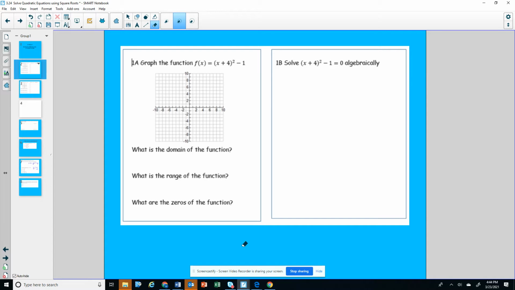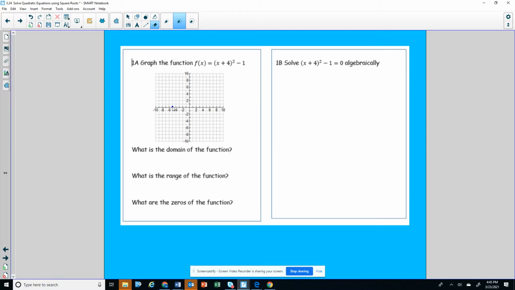So here we go. So we just graphed this, right? And you saw what the graph looks like. The domain is all real numbers. Okay. And if I can, I'm going to try to sketch this here real quick. So we know the zeros are -5, that's where the graph crosses the x-axis, and -3, which is right there.